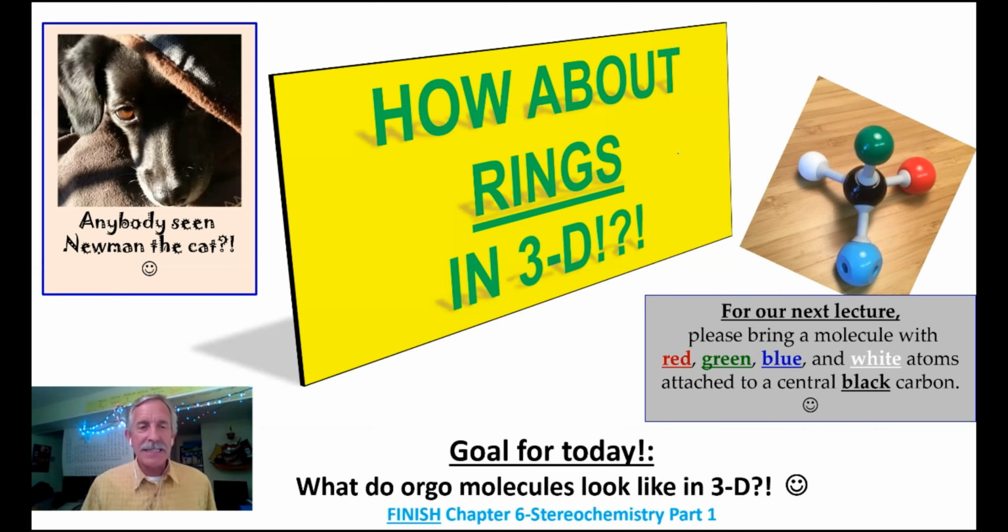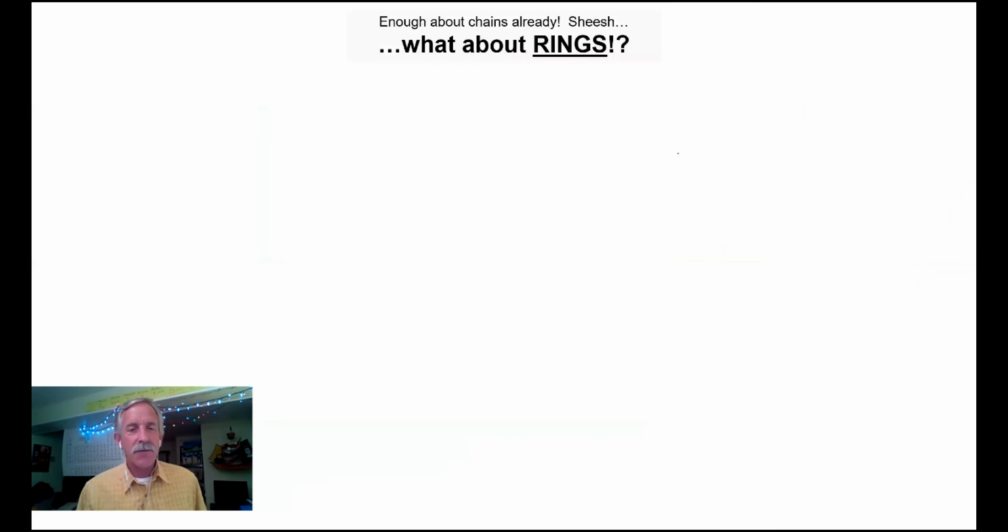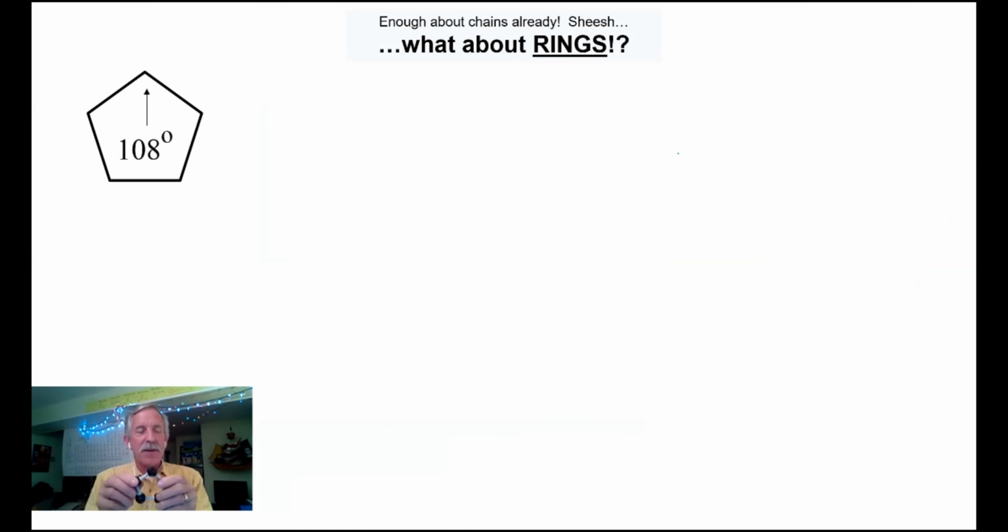All right, then let's dive into 3D and talk about rings. Enough of chains already. Let's keep playing with 5-membered rings. If you build a 5-membered ring with your model kit, one of the things you'll notice is that if it is planar, it has a 108 bond angle, which isn't too far from tetrahedral, which is 109.